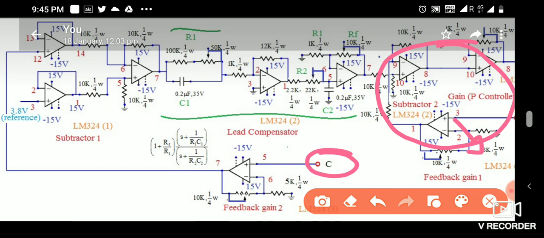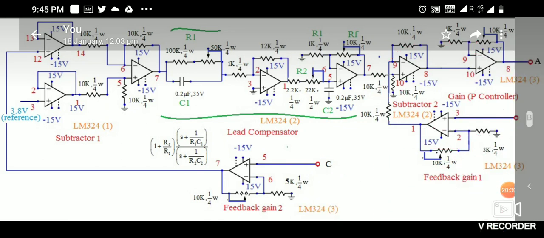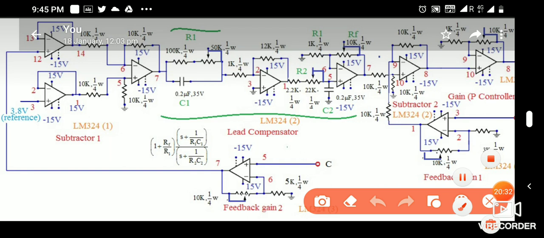Now watch this pin, pin number 8. This pin is going to the driver circuit, which will drive the coil current.